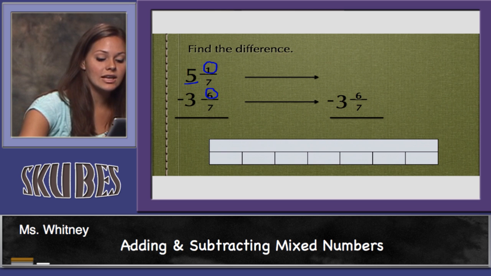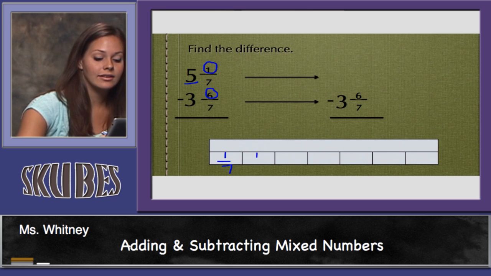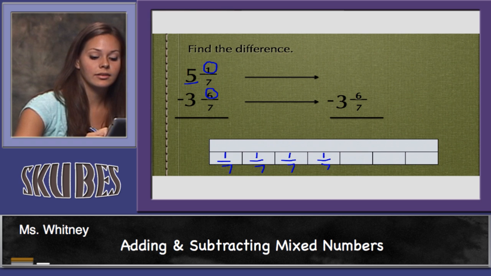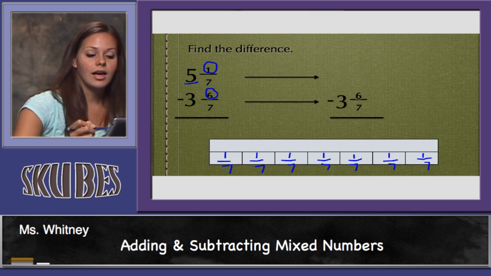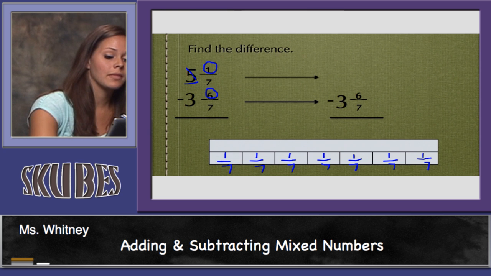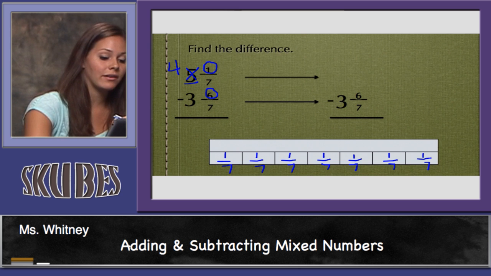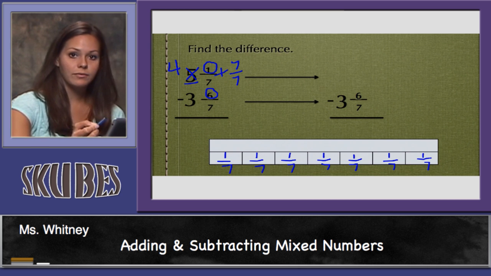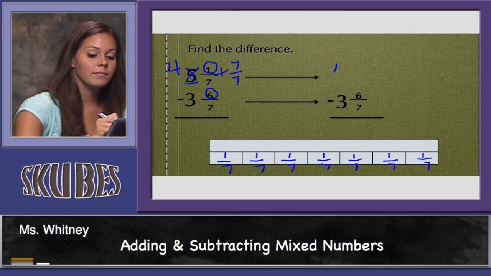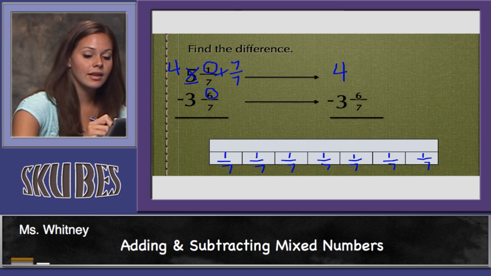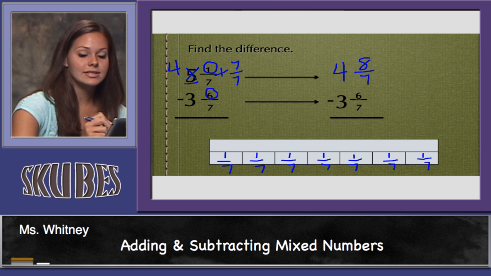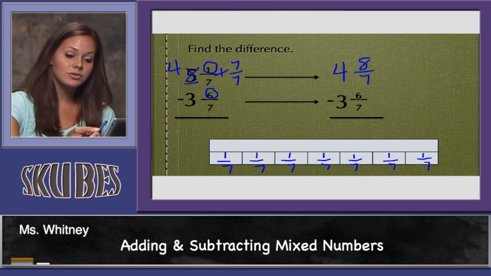Each whole is equal to 7/7. I'm going to make my 5 a 4 and give the 7/7 to my fraction. I'm going to add them together. That leaves me with 4 wholes and 8 sevenths. Now I can subtract.